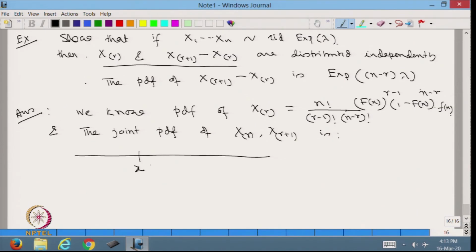Suppose X_r takes the value x, X_{r+1} takes the value y. Then there are r minus 1 observations here, and there are n minus r minus 1 observations there, and 0 observations in between.